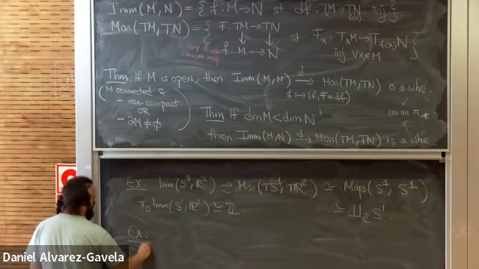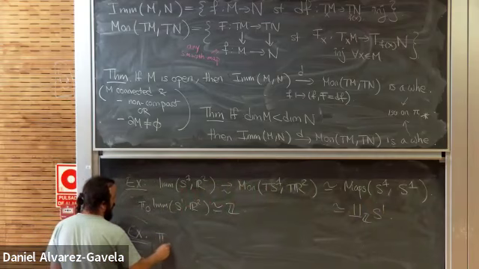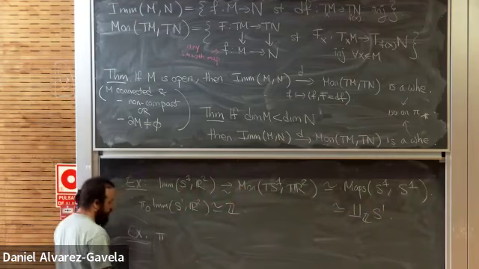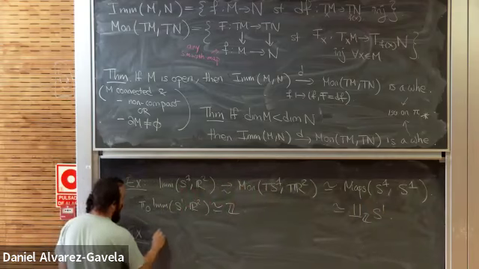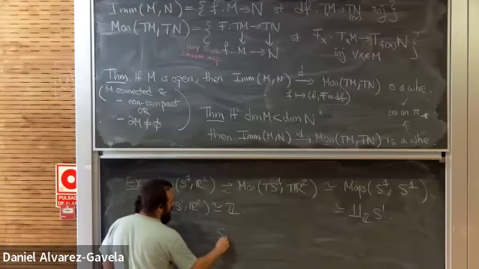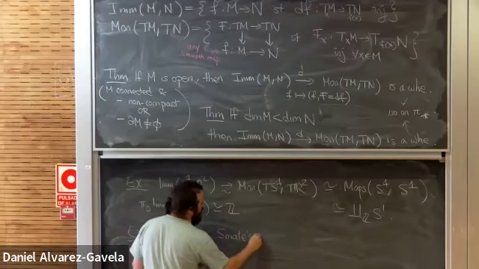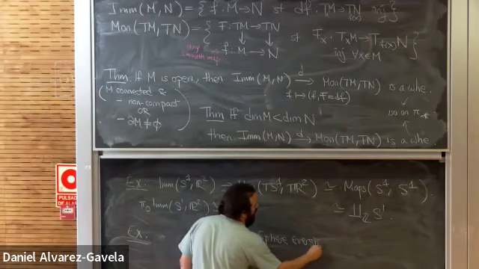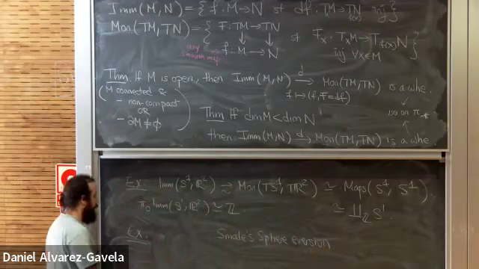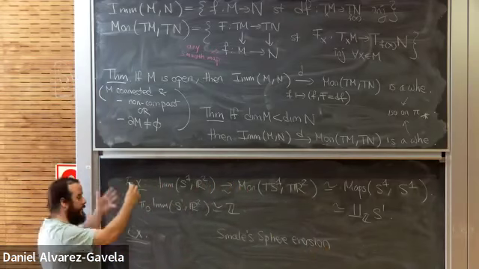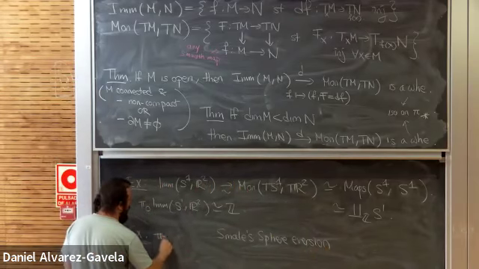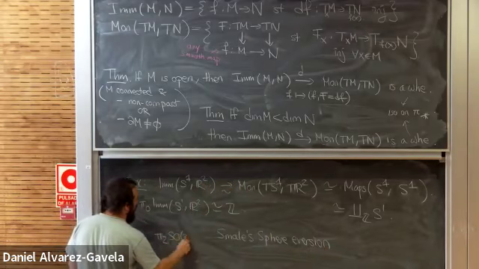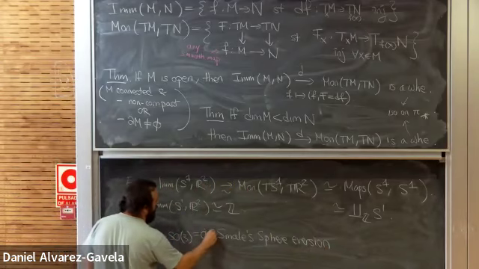Example, so let me just say, Smale's sphere version, the fact that you can evert a sphere. I'll leave it as an exercise for you to deduce it from the fact that pi 2 of SO3 is trivial.